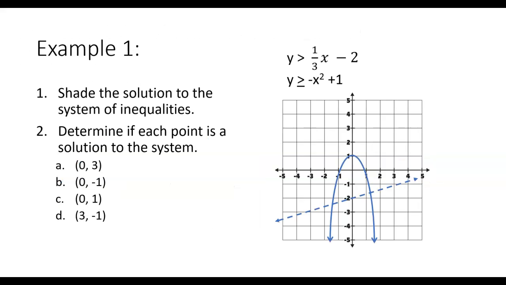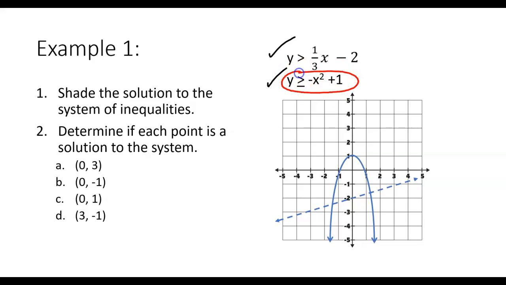So let's go ahead and take a look at example 1 here, and then we'll work through it. So I give you the graphs. Later, in our next example, you guys are going to create your own graphs, but for now I'm giving you the graph. So I give you two functions here. You've got to be able to tell which one is which. That's kind of an important thing to be able to tell.